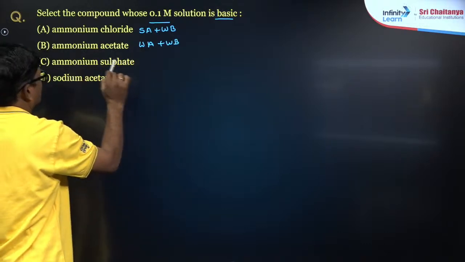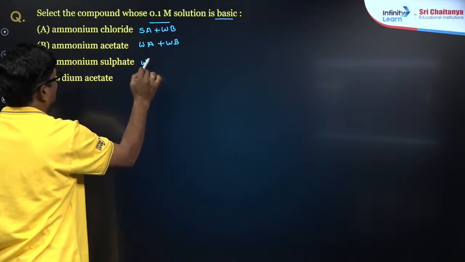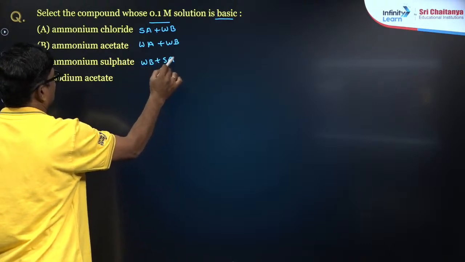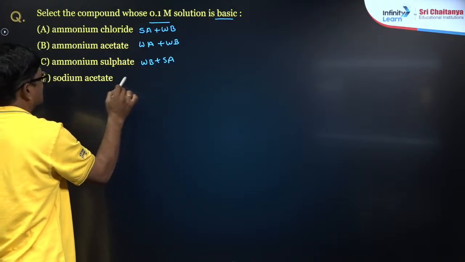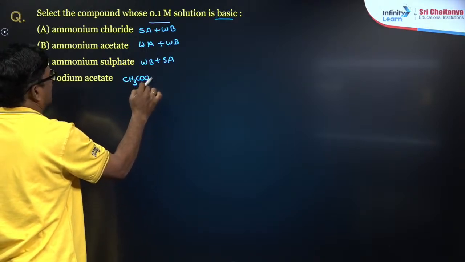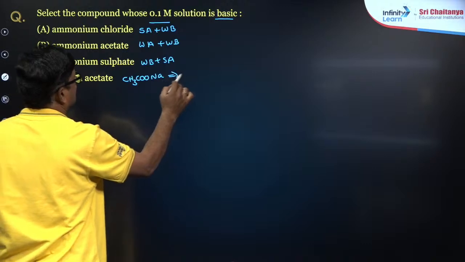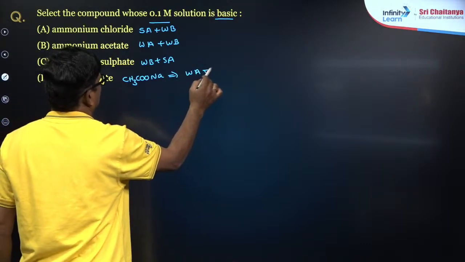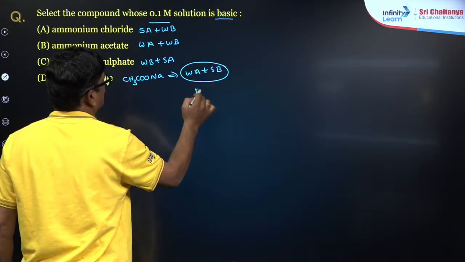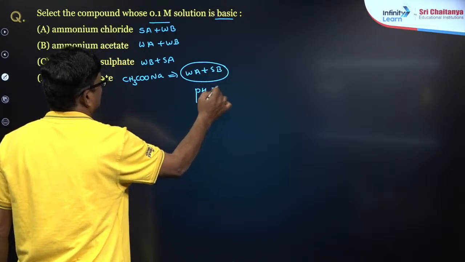Ammonium sulfate is a weak base and a strong acid. And sodium acetate is a salt of a weak acid and a strong base, so its pH is going to be greater than 7.